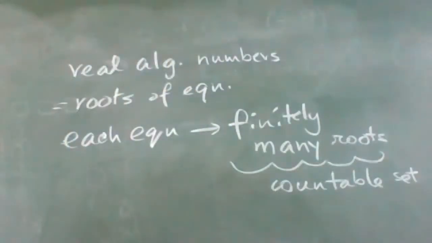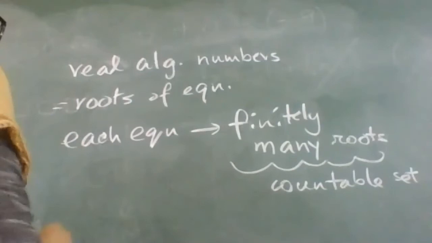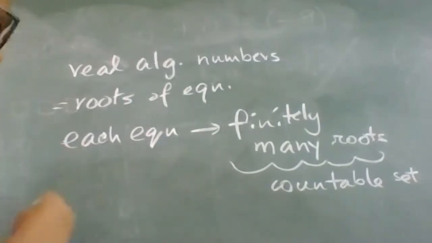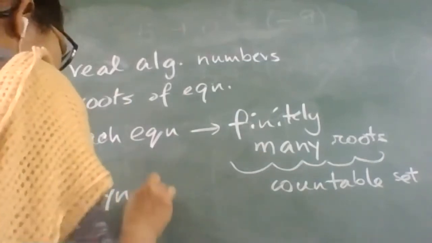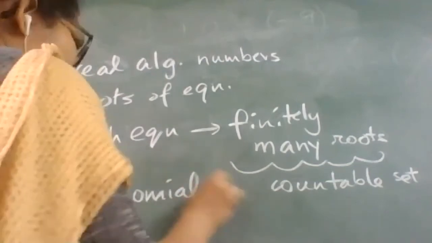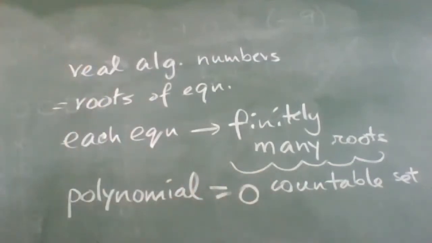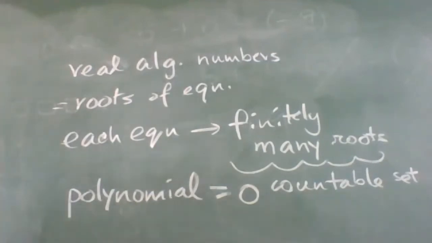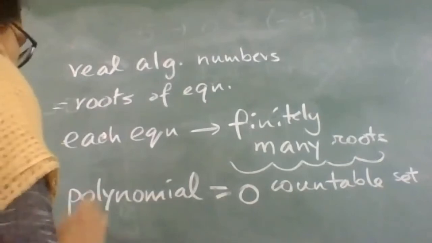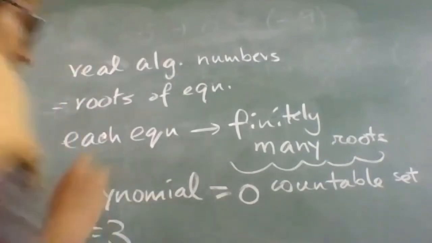Now consider a given degree. Each equation can be written as a polynomial equal to 0, and each polynomial has a definite degree. So let us fix the degree, for example n equal to 3.